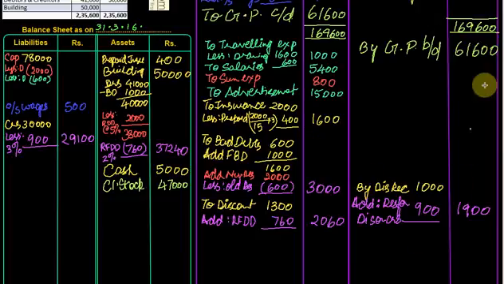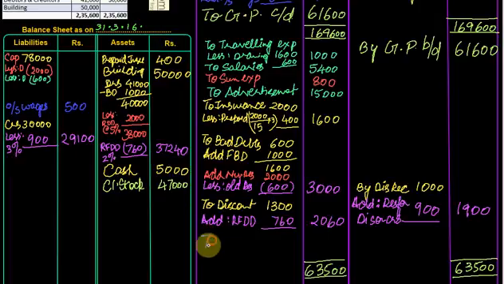And now let's calculate our net profit. See, the total of your credit side comes up to 63,500. 63,500, and subtracting all the figures of the debit side, we get net profit. So here, to net profit, what will you do of the net profit? Obviously, you will take it to the capital account.